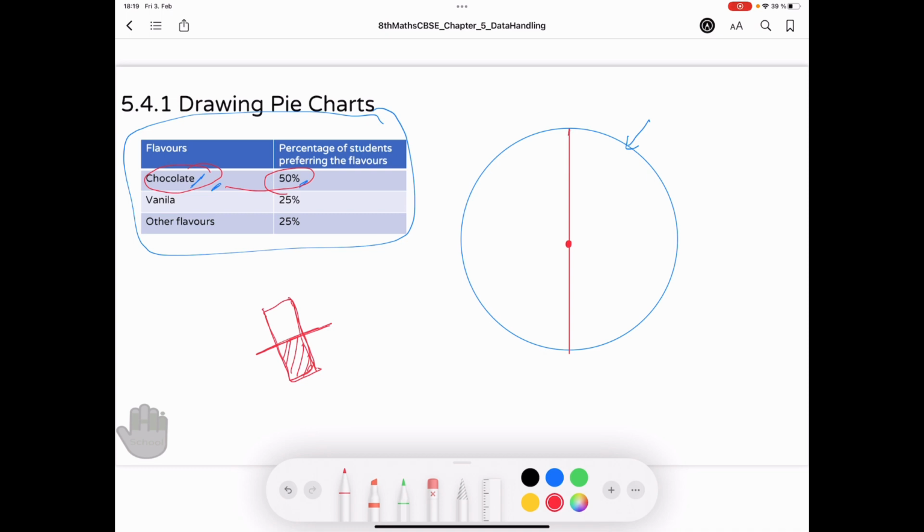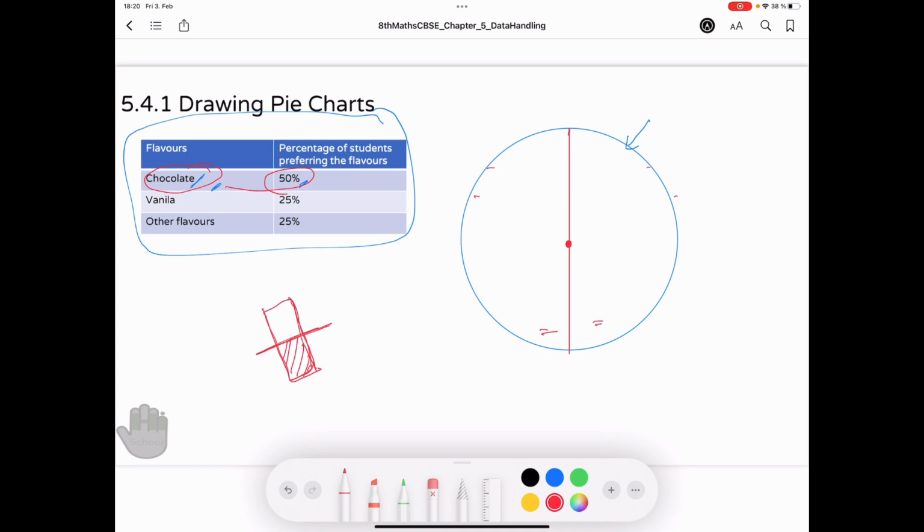That way we divide the circle into 2 halves. If we cross the circle in some other way, it is not going to divide it into halves. But if the line crosses through the center, it is going to divide it into 2 equal halves.